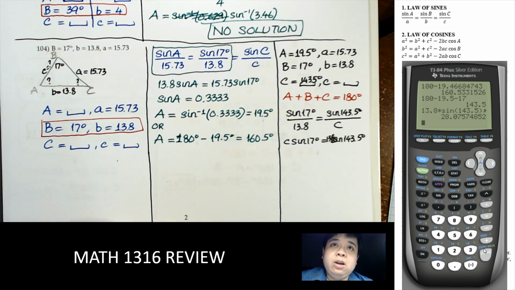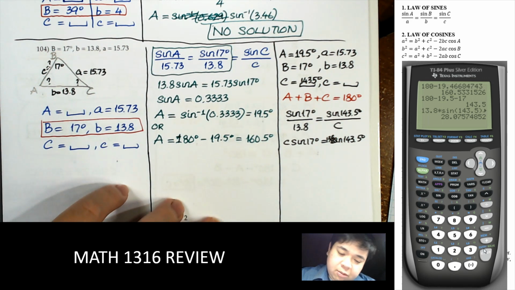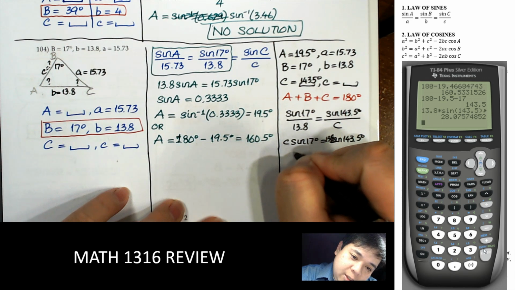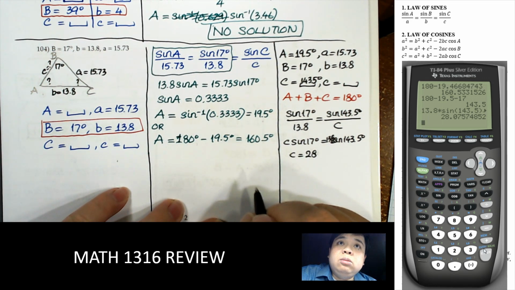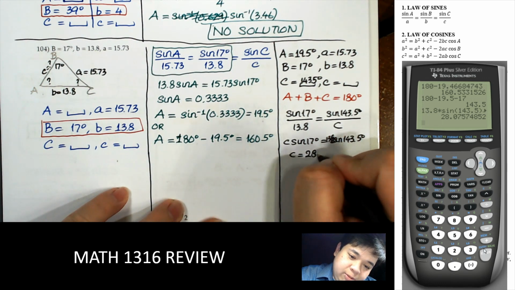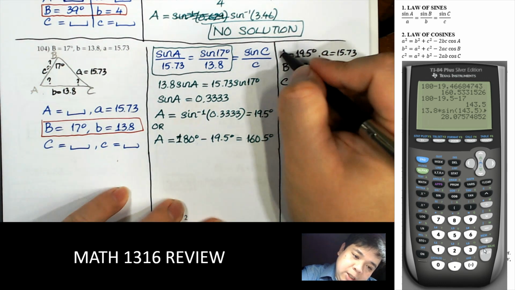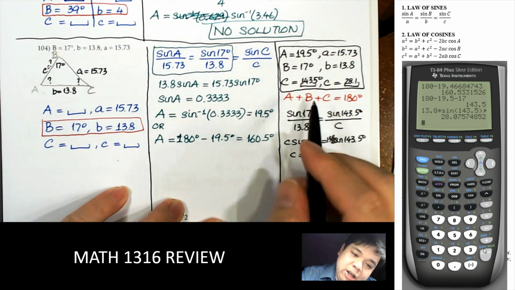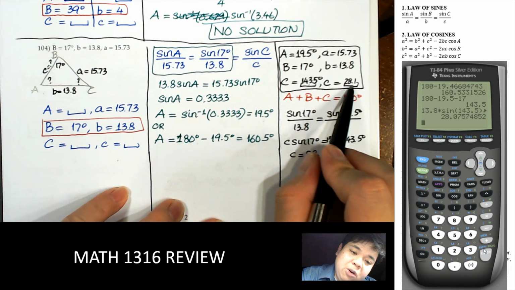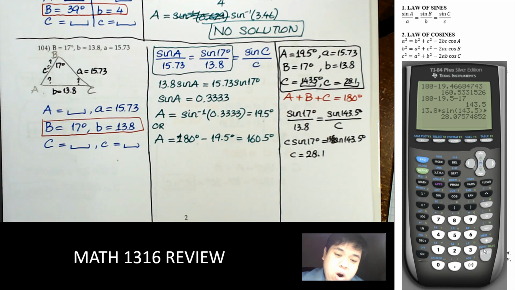And we have 28.1, if you will. So that looks like one answer. Right, let's check. Biggest angle, longest side, smallest angle, shortest side. So that works. So that is one of the solutions.